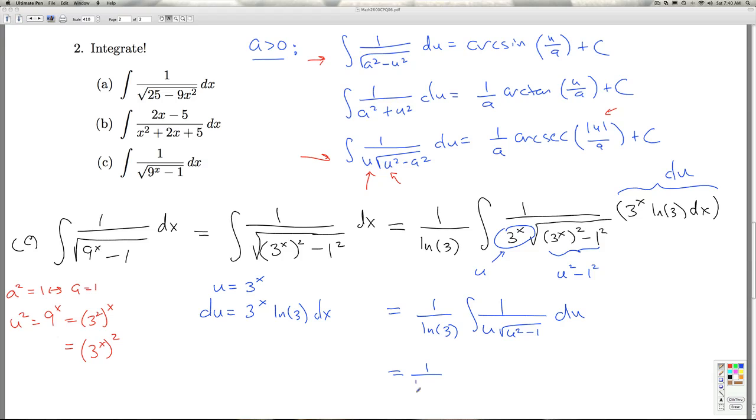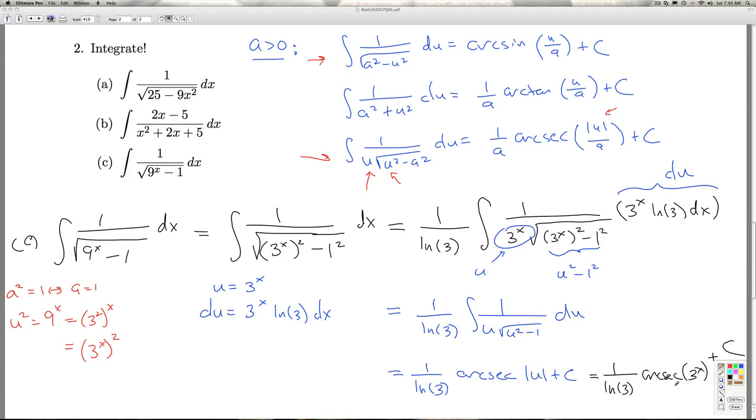So I just have 1 over natural log 3 arcsecant of the absolute value of u plus c. And when I take this back to x's, it's 1 over natural log 3 arcsecant of the absolute value of 3 to the x, but that's just 3 to the x, plus c.